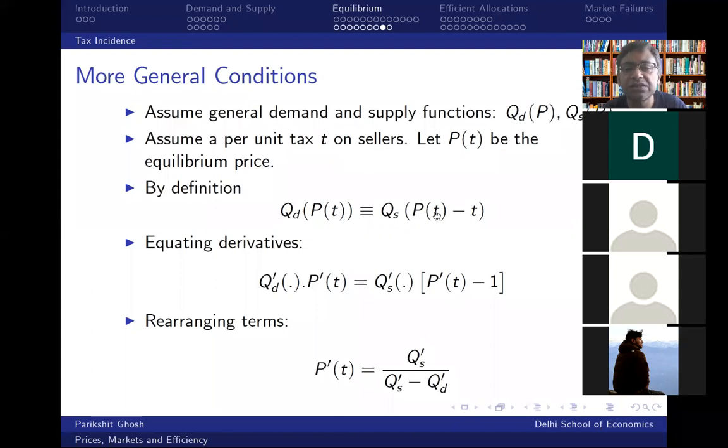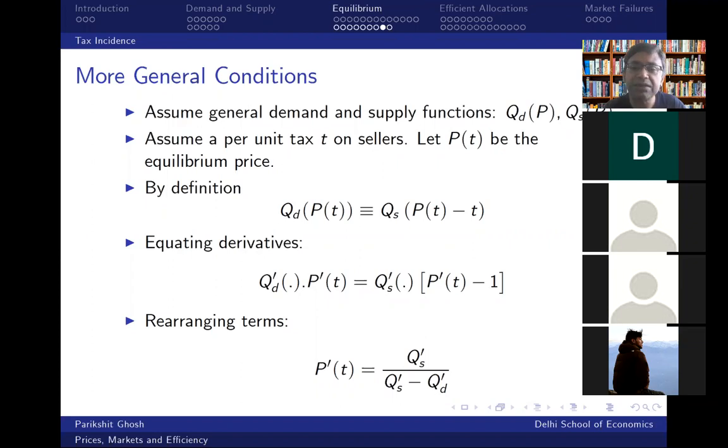And so demand is not directly affected by the tax, therefore supply is affected, and the net price for sellers is just the price minus the tax. Now, let's define P as the market clearing price, right? So it's going to be a function of the tax rate. So P of T is the market clearing price as a function of the tax rate. And so now this becomes an identity, right? This old trick. I'm like a one-trick pony right now.